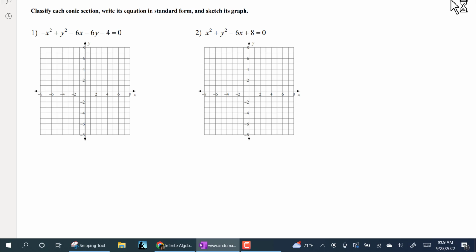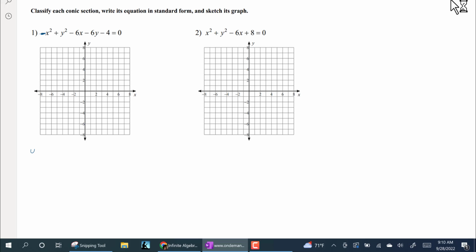And the first thing I'm going to do on this first one, this is a little bit of a challenge one. When the leading term has a negative sign in front, I'm going to rewrite it as y squared minus x squared, because that means it's a hyperbola, because there's going to be a subtract between the squared items. But then I'm also going to put the items in front of it, next to each term. So I'm going to group the y's together and the x's together.